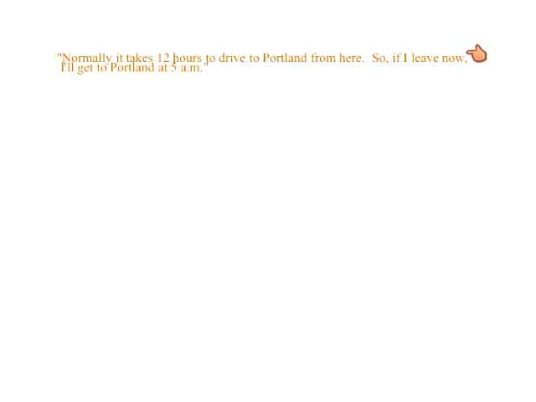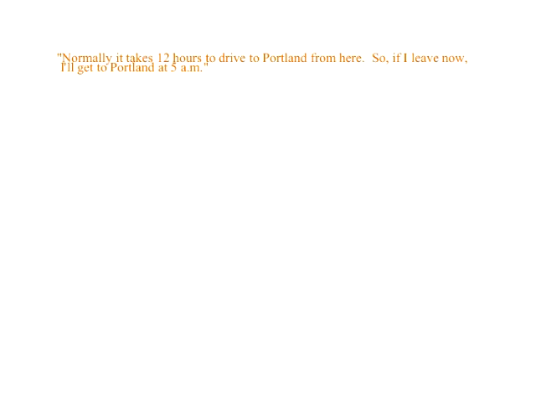So if I leave now, I'll get to Portland at 5 o'clock in the morning. There are no gigantic jumps from point A to point B here. I took the 12 hours and just added it to the time right now, which is 5 p.m., and I got 5 a.m. So there's no giant jumps here.